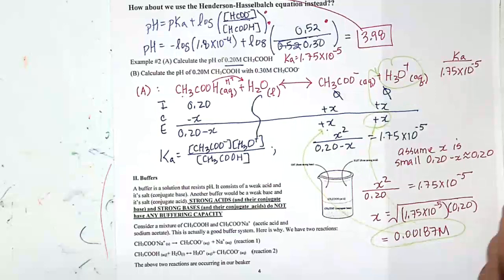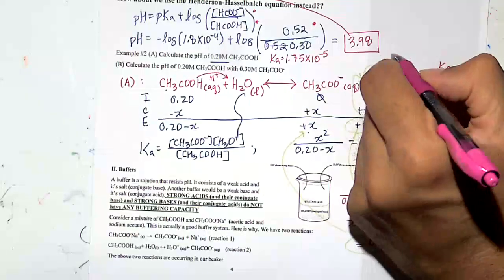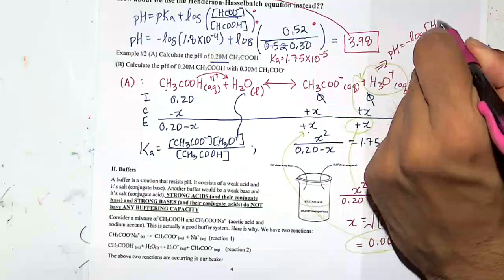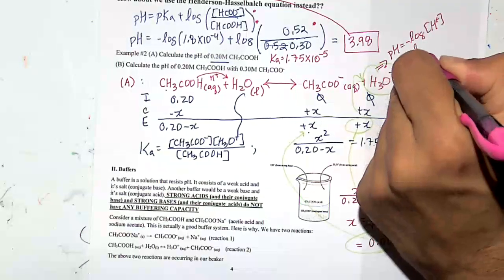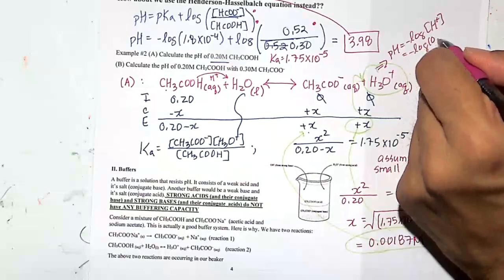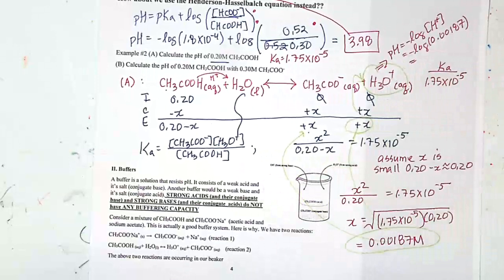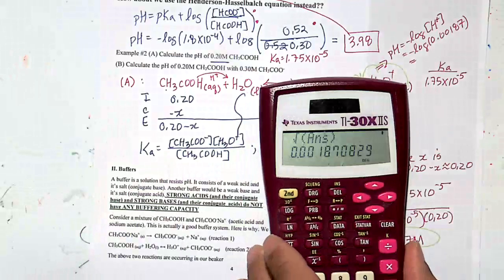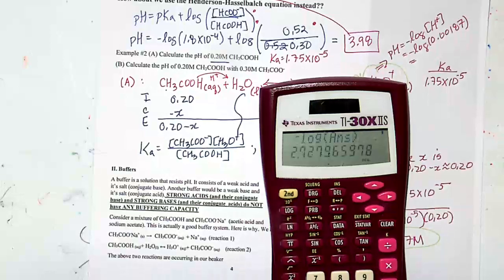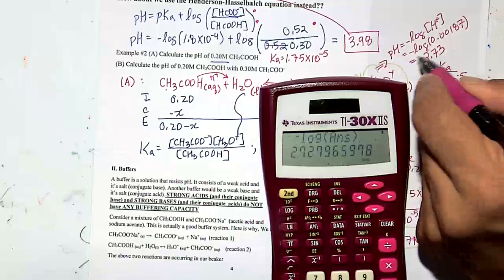So pH is minus the log of the H3O plus, minus the log of 0.00187. And what is that on our calculator? About 2.73. This is the answer I am getting.